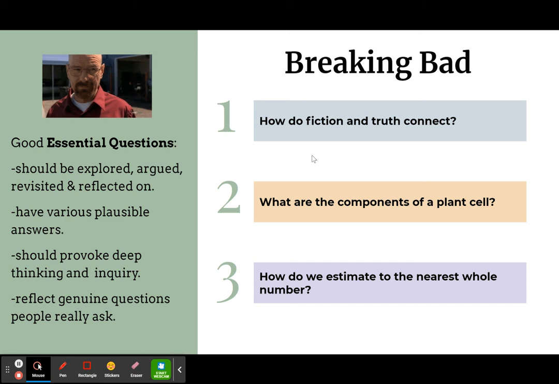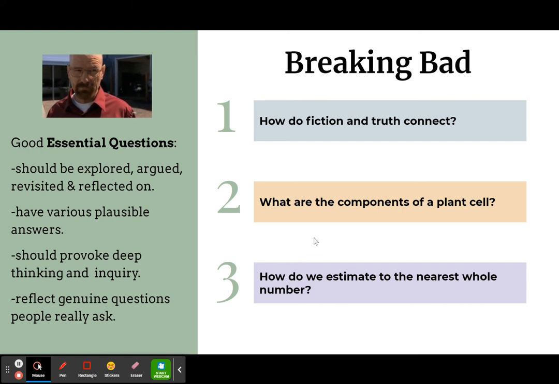How do fiction and truth connect? As an ELA teacher, students might be reading works of fiction, but they're influenced by true situations that are happening, or might help students come up with universal truths about humanity. So asking this question involves various plausible answers and could provoke deep thinking and inquiry.